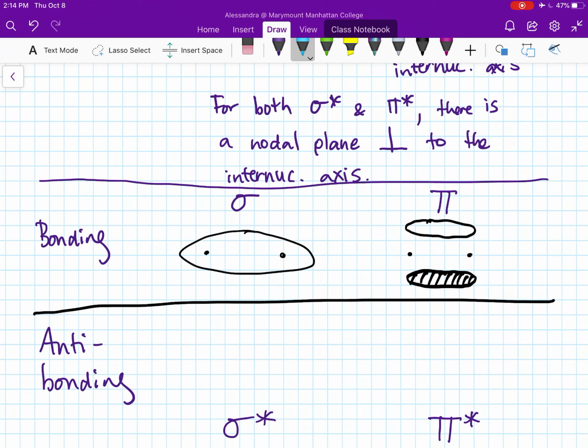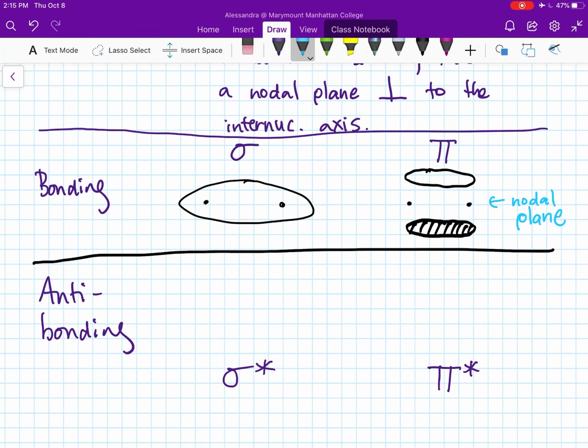Okay, so here there's a nodal plane that incorporates the nuclei. So for forming a pi bond, you have the interaction above and below the bonding axis, and those two lobes have opposite phase.